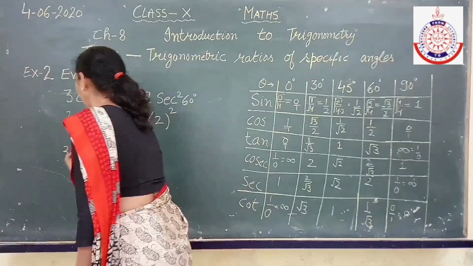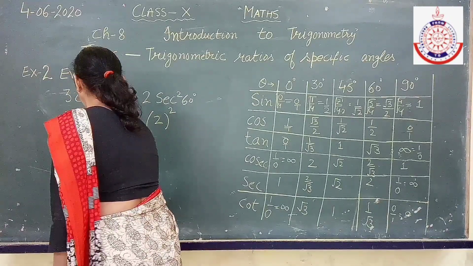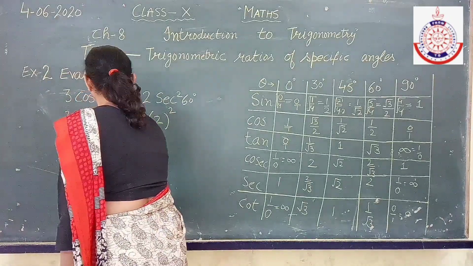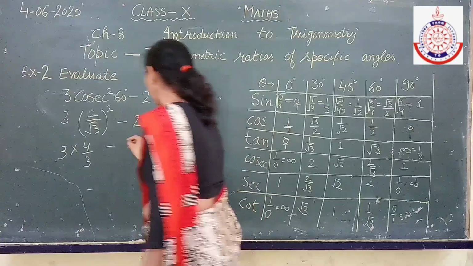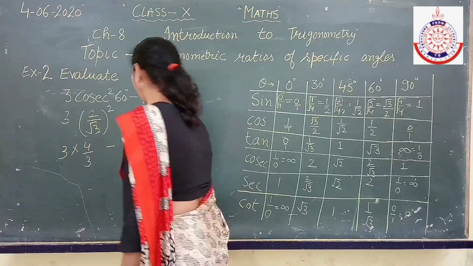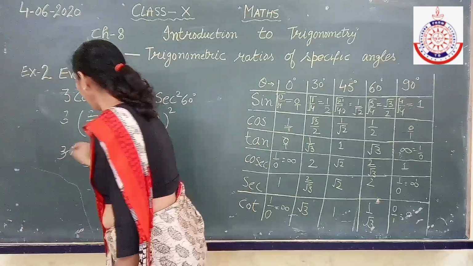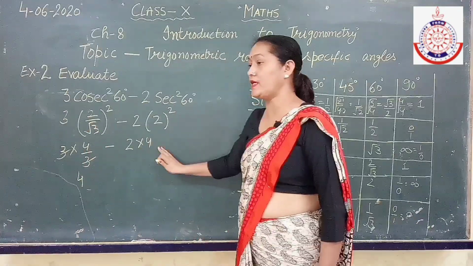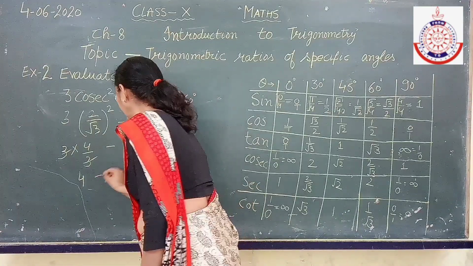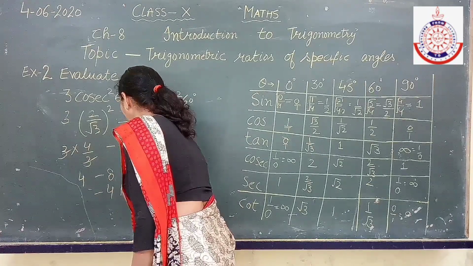Now, solve it. 2 square will be 4 and root 3 square will be 3, minus 2 into 2 square, which is 4. Now this 3 will get cancelled with 3. 4 is left. 2 fours are 8. So after solving, we got minus 4 as the answer.